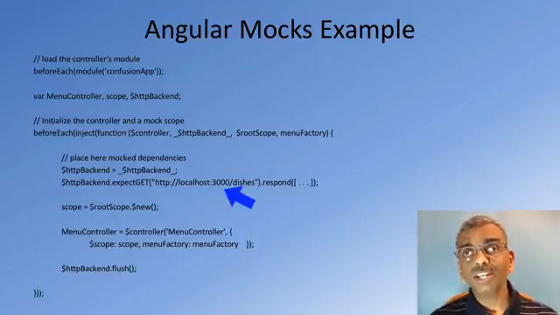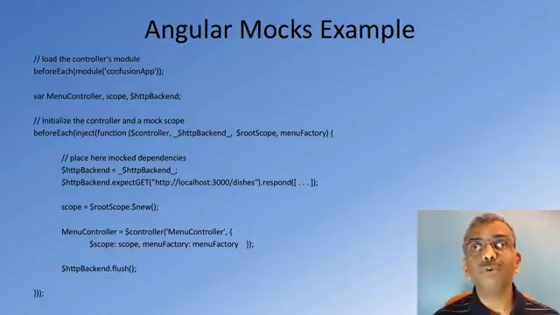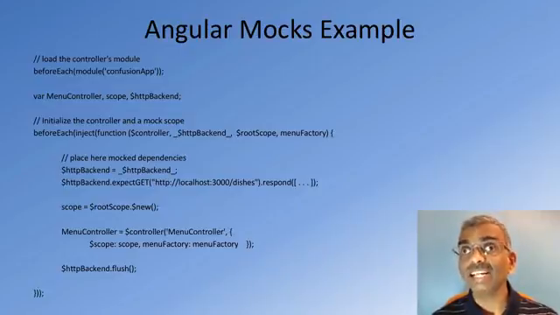What this is specifying to Angular mocks is that if you receive a GET request for this particular URL, then you respond with the data contained in the respond method that is chained to it.